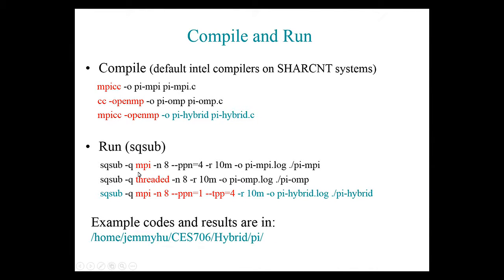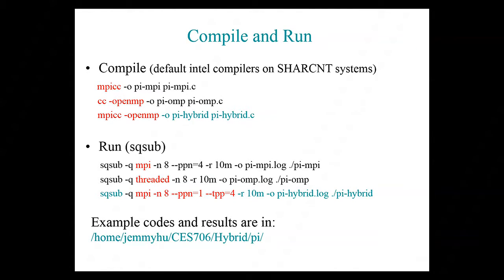For the OpenMP code, you need to submit the job to the threaded queue. And then you need to say I use 8 CPUs. Basically each CPU will work as a thread for you. For the hybrid code, you submit the job to the MPI queue, and in this case the total number of CPUs we're asking for is 8.